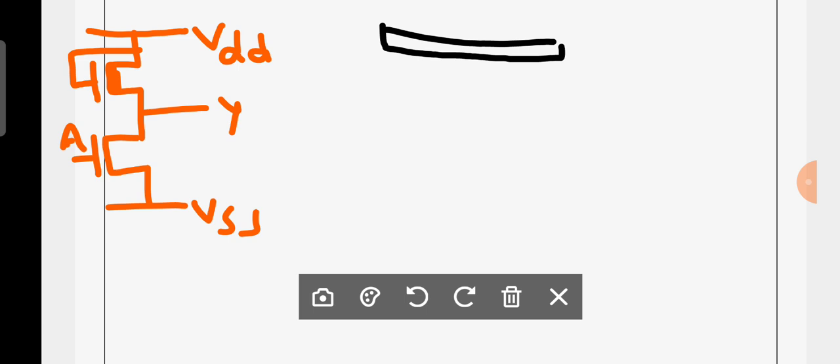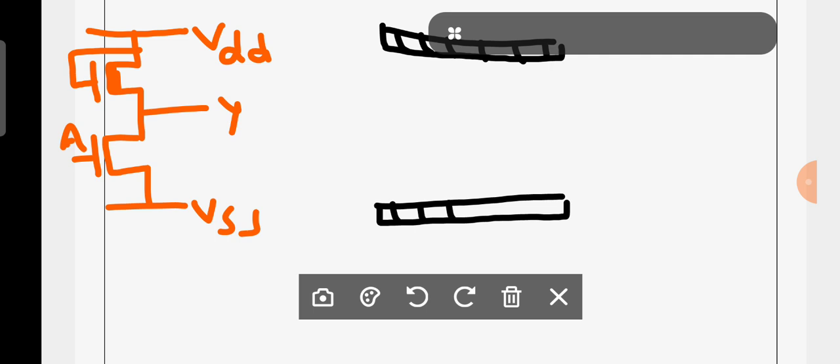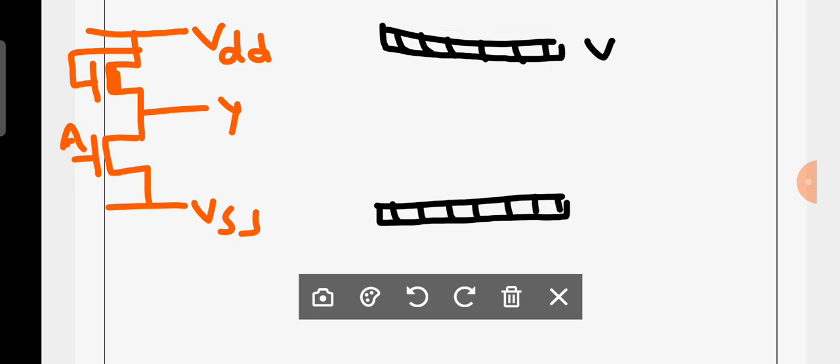This is what? VDD and this is for VSS. Okay, now you can observe these are the metal rails and you can write this as VDD and this as VSS.